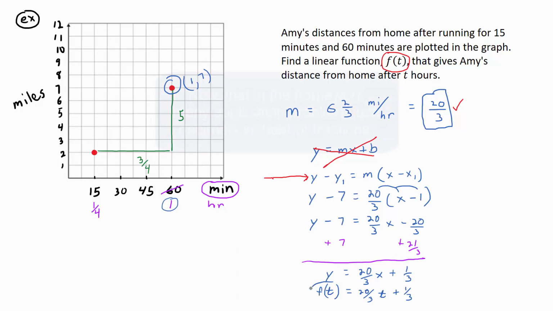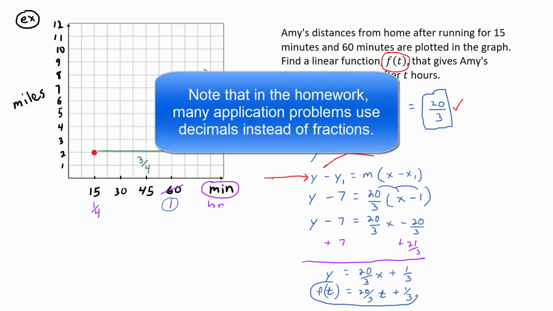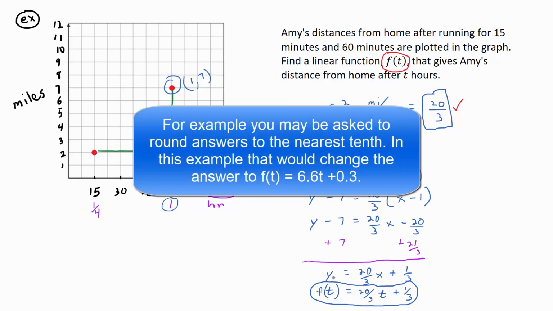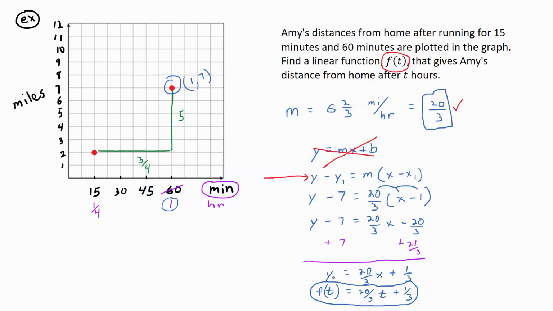So that's it. That linear function will give you Amy's distance from home after t hours, assuming that she runs at a constant rate, which is a big assumption.